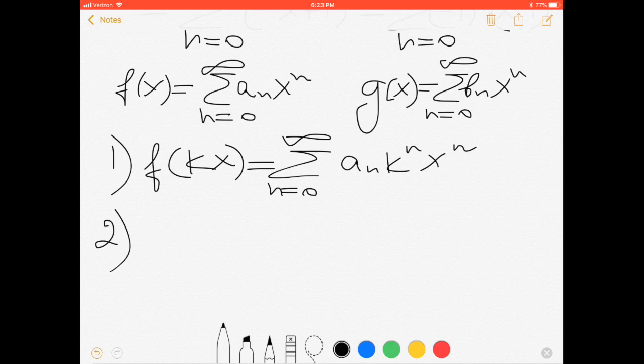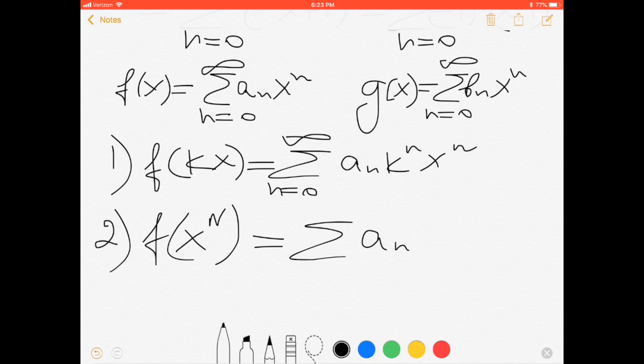Second, if I need f(x) to some fixed power N, where big N is some constant, then the power series is a_n x to the power N times n, with small n from 0 to infinity.